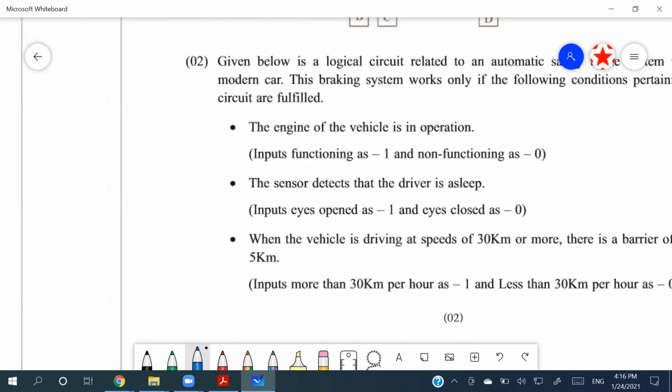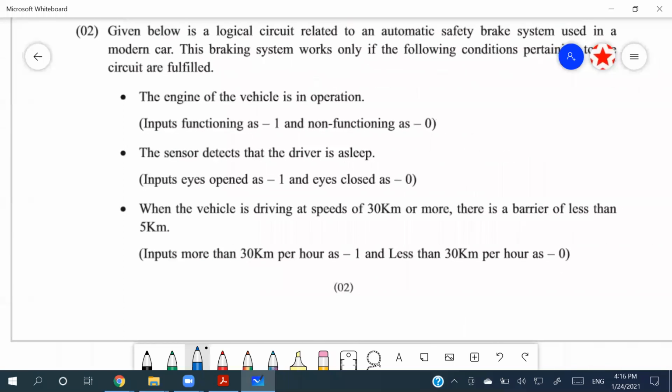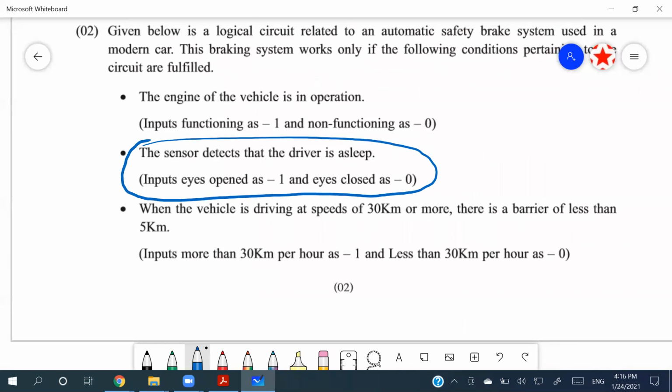Right. So the engine of the vehicle is in operation. The sensor detects that the driver is asleep. When the vehicle is driving at a speed of 30 kilometers, there is a barrier of less than 5 kilometers. So the drowsiness is indicating this particular thing. The sensor detects that the driver is asleep.